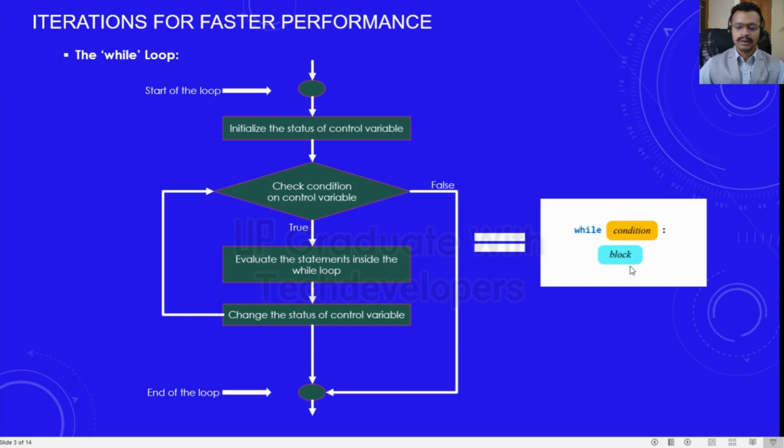So inside the block itself, please listen carefully, inside the block itself we need to change the status of the control variable. So changing the status of the control variable is also a part of the while block.